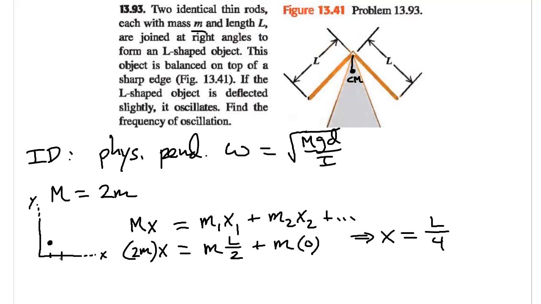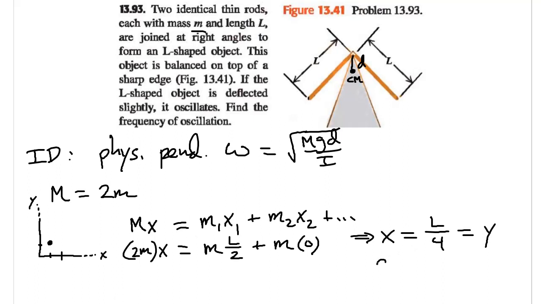Like I said, its center of mass is not at the center at L over 2, it's somewhere at L over 4. Now, the y-coordinate, by the symmetry of the shape, I know is also going to be L over 4. That's going to be equal to the x value by symmetry. I need to know the distance d to the center of mass.